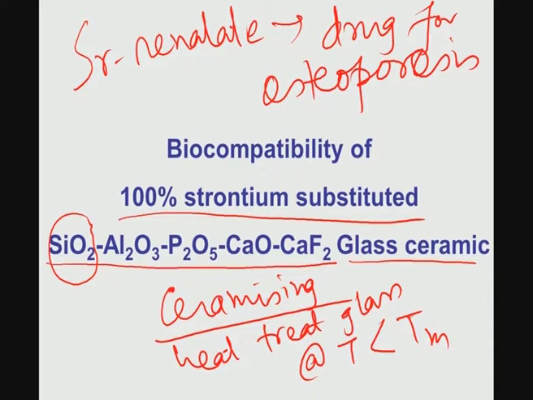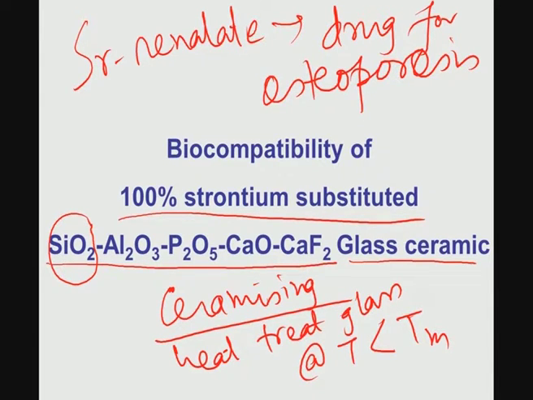Many orthopedic surgeons prescribe this commonly used drug, strontium ranelate, and inspired by its use there is some limited research in my group as well as elsewhere in the world where people have tried to dope certain glass ceramic materials with strontium.